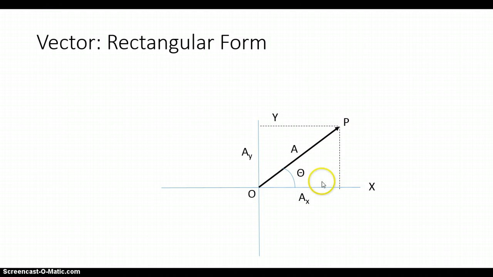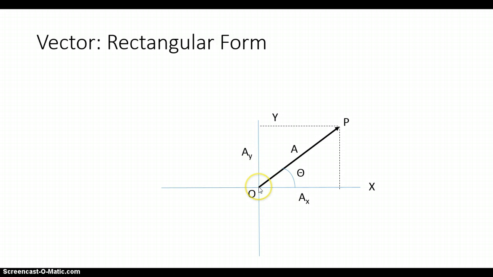onto the axis, okay? And we can say that that projection we'll just call a sub x, okay? Now, if we were to stand straight up here and look at the vector out there, that vector projects back to our eyes as if the vector is only this high. And so we can say that this is a projection on the y-axis, and we can call that a sub y.